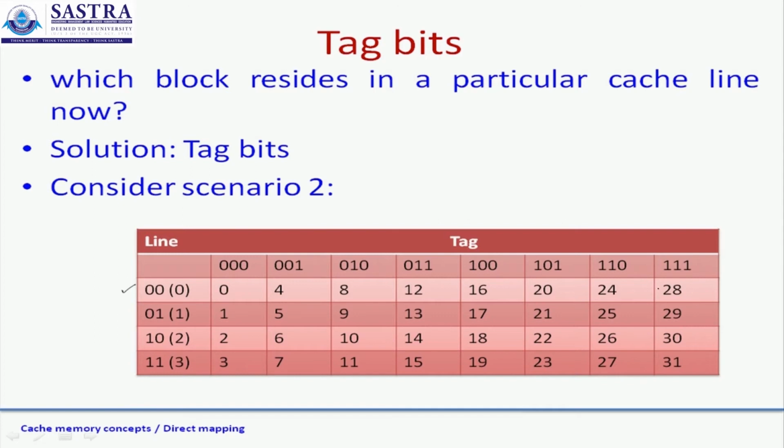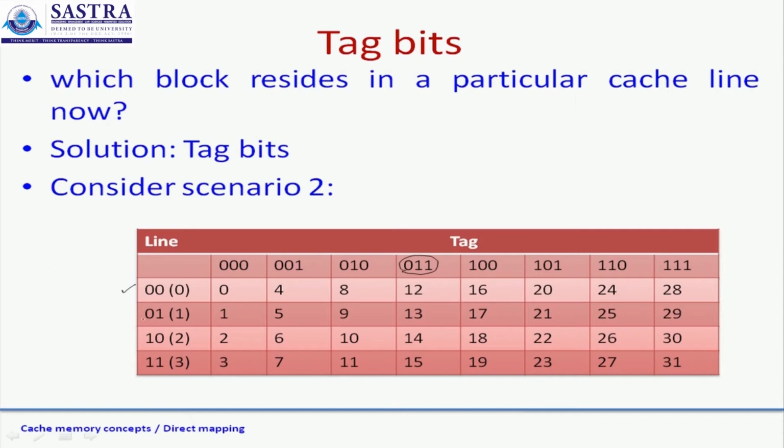How can we know that? To identify which block is available in a particular cache line, we use the tag bit. Suppose the tag bit is 011 for line number 0, then we know block 12 is currently present in line number 0.